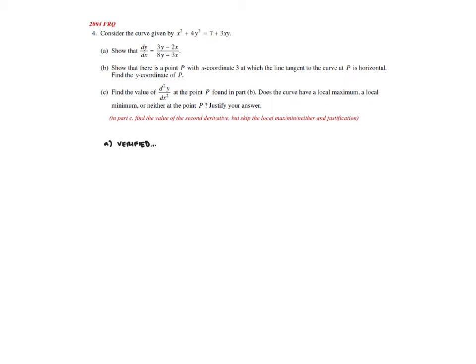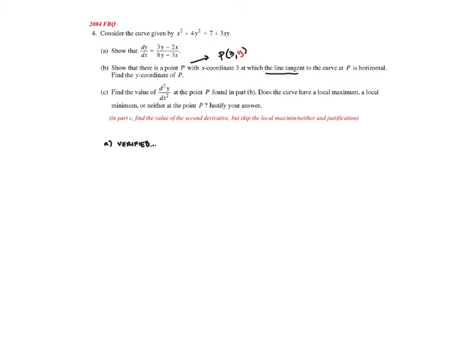Part B. Show that there's a point P with x coordinate 3 at which the line tangent to the curve at P is horizontal. Find the y coordinate. So P is going to be the point (3, y). We're going to find that y value at which the line is tangent to the curve.